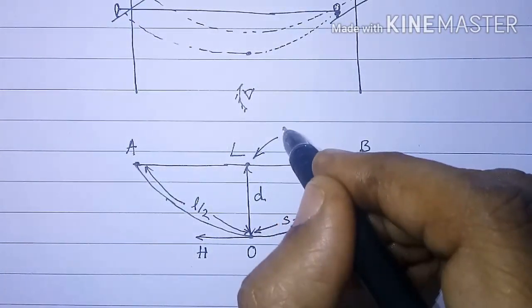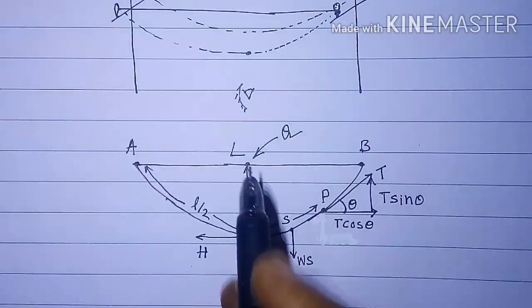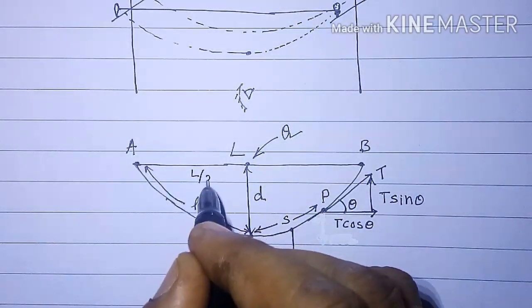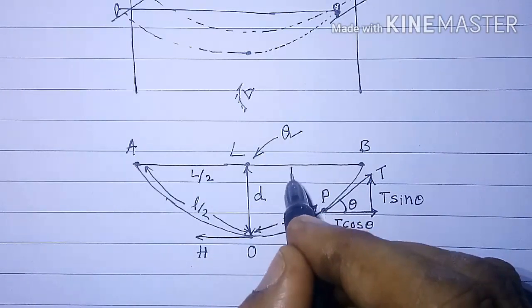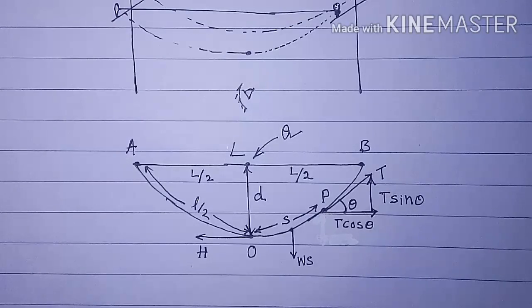If I call this point as Q, then AQ is equal to capital L by 2 and QB is also equal to capital L by 2.